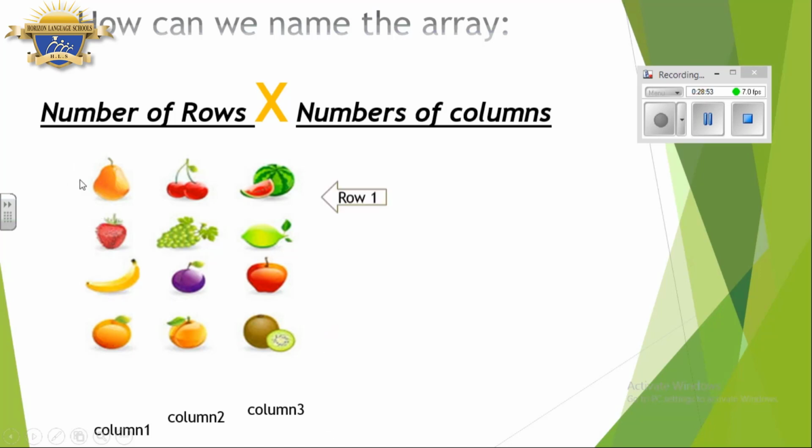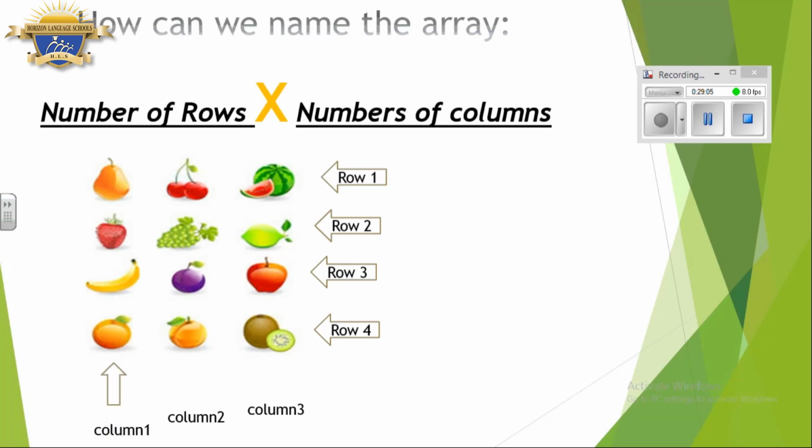So let's count. I have 1 row, 2, 3, 4, right? So I have 4 rows. And how many columns? 1, 2, and 3. So I have 3 columns.